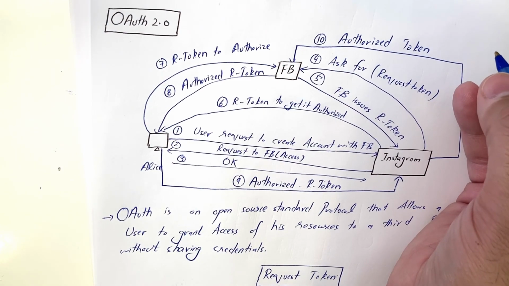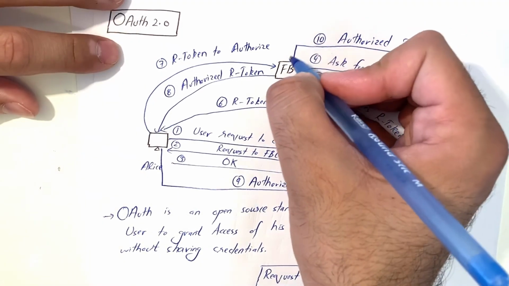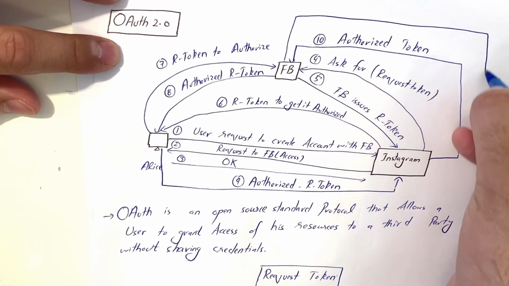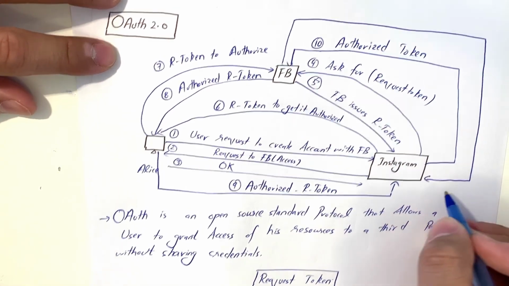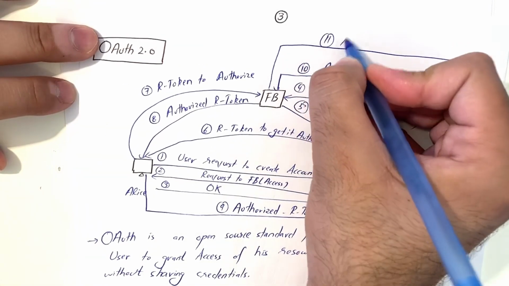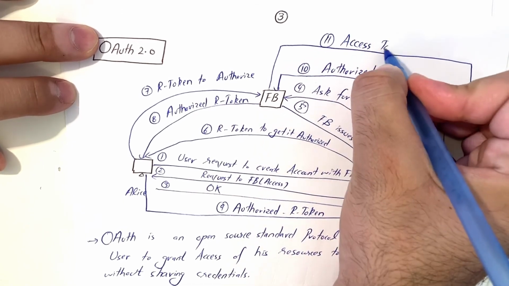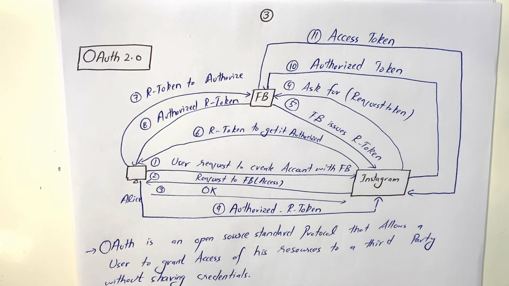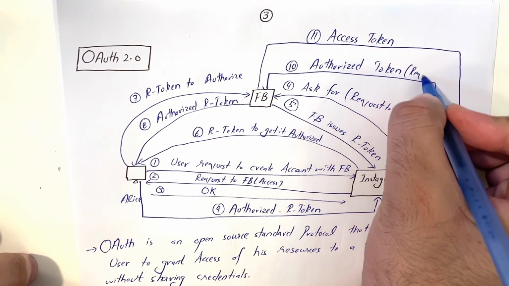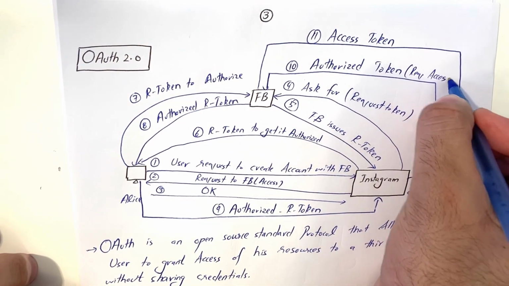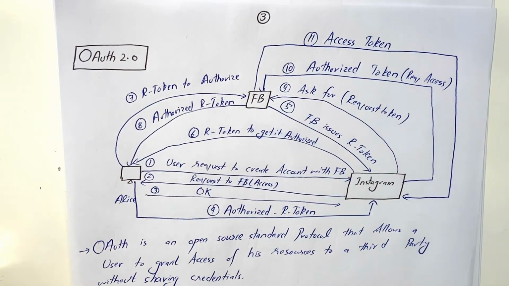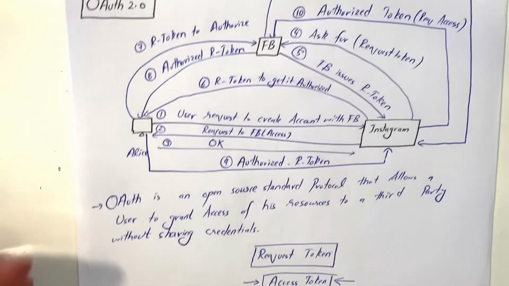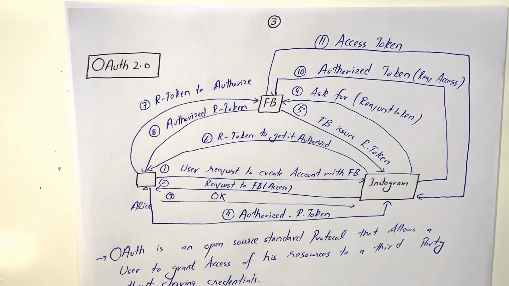After getting the authorized token, Facebook issues the Instagram access token in the 11th step. Basically now they can post on your behalf, and they can pull the data and stuff like that. As I mentioned earlier, if anybody gets your access token, they can post on your behalf and access whatever you're supposed to access.